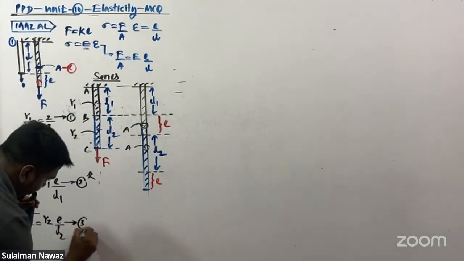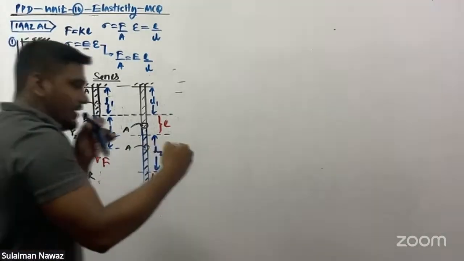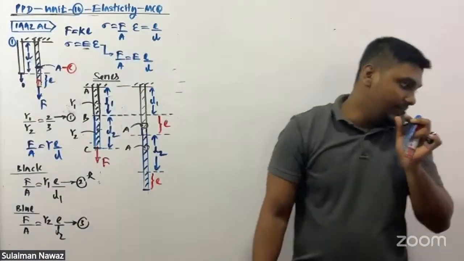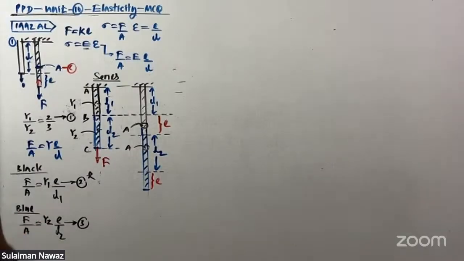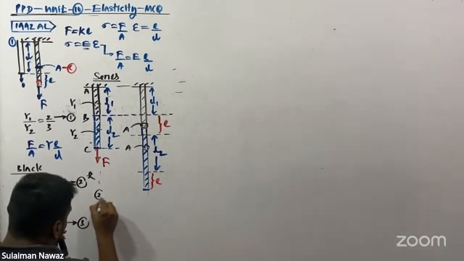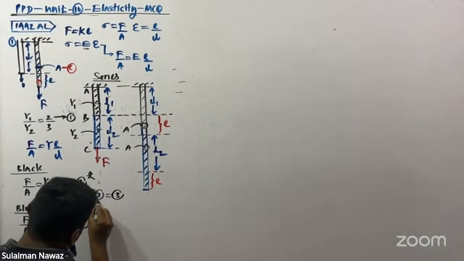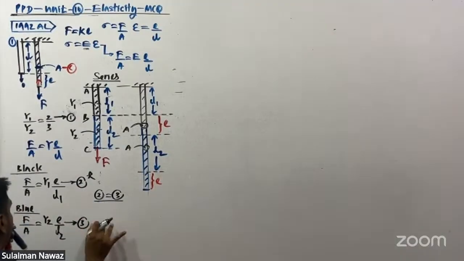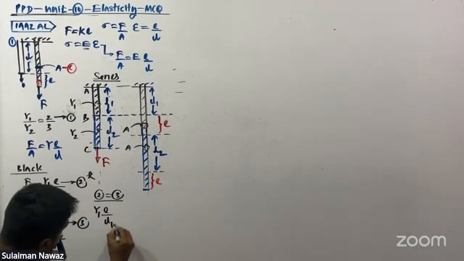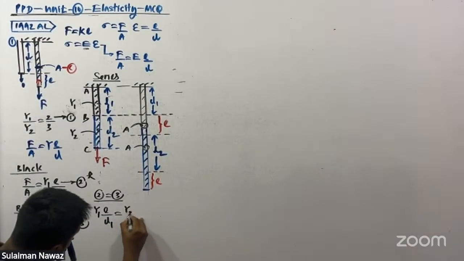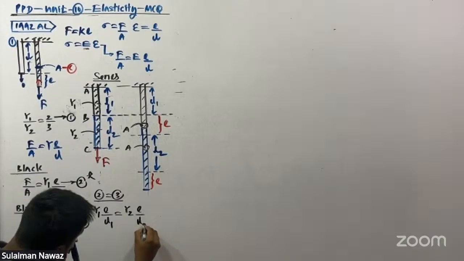That is equation 3. So if you equate equations 2 and 3, since F over A is the same, you can write Young's modulus Y1 e over L1 must equal Young's modulus Y2 e over L2.